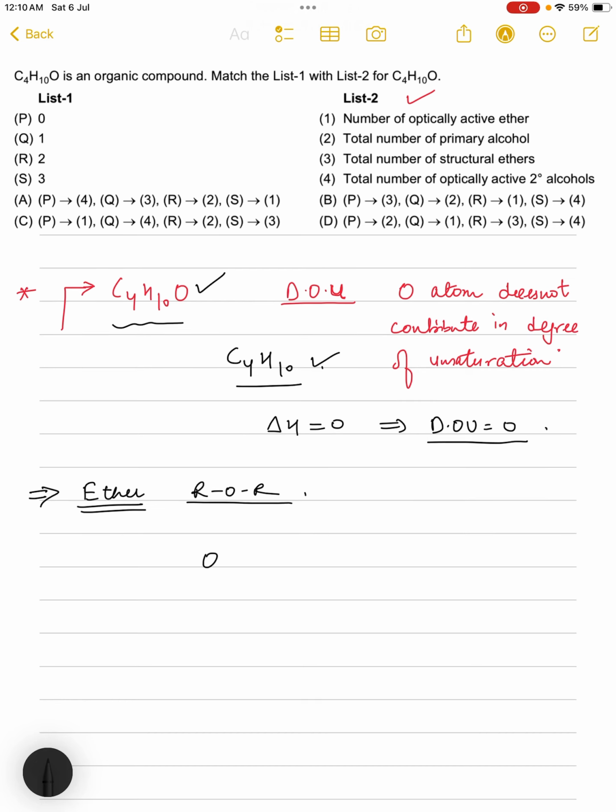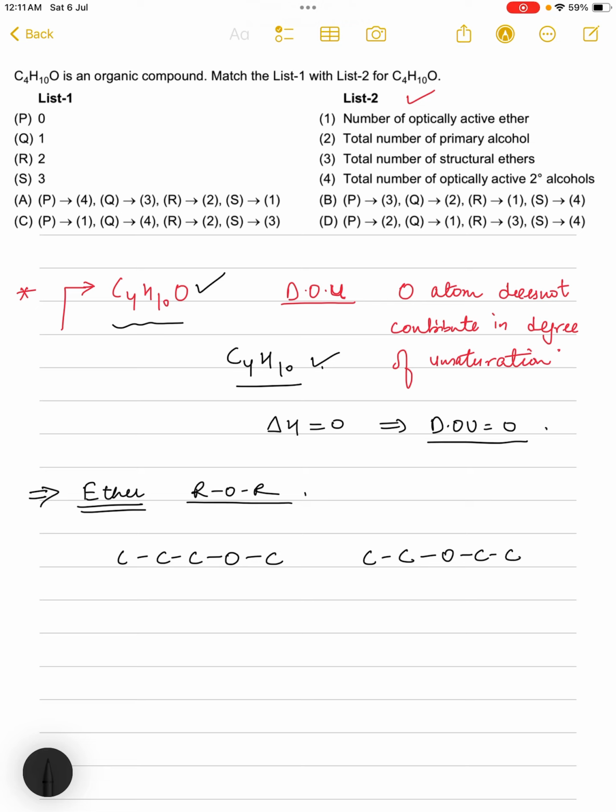Right now we have 4 carbon atoms, so we can have different combinations of 4 carbons around the oxygen atom. The first combination is 3 carbon atoms on one side and 1 carbon atom on the other side. The second combination is 2 carbons on one side and 2 carbons on the other side.